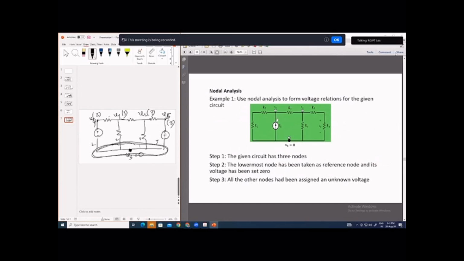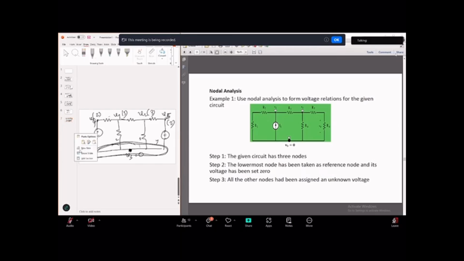Let us consider why we can neglect this node. If you don't consider this node, then R2 and R1 are nothing but in series. So you can simplify this. You can replace the two resistances with one equivalent resistance. If you do that, let me draw this.